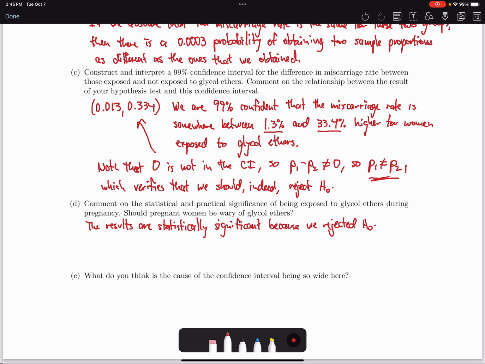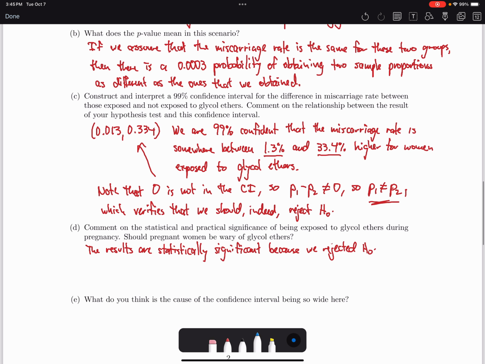Now, are the results practically significant? Well, it's kind of hard to say, right? Because on the lower end of our estimate for the difference, there doesn't seem to be that much of a difference in the miscarriage rate. But on the upper end of our estimate for the difference, there's a huge difference in the miscarriage rate.